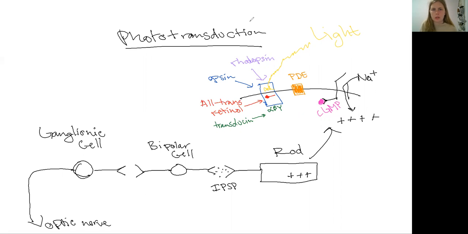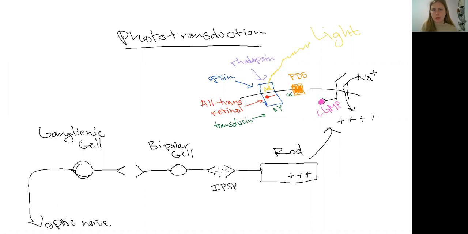So this causes the alpha on transducin to actually move. Beta is still there. So alpha comes and moves over to phosphodiesterase, and it activates phosphodiesterase. Bing!